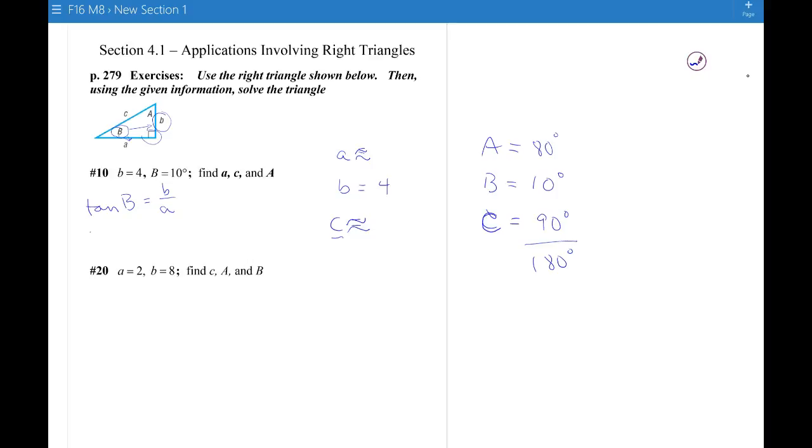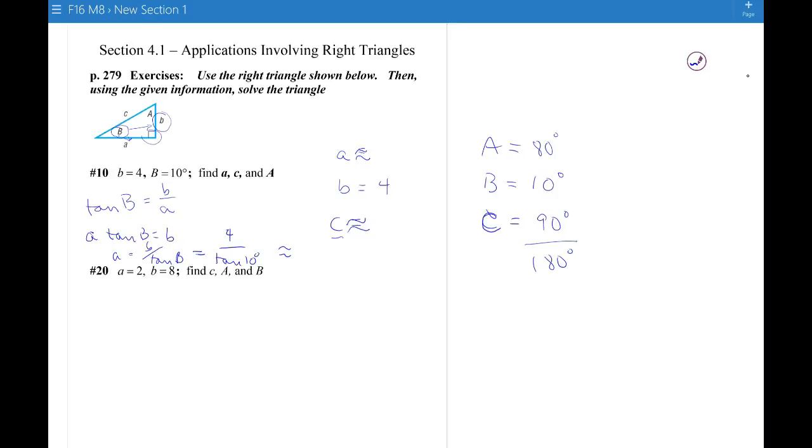Then I can plug in the numbers that I have, and what I'm trying to find is a. So a tan B equals little b, so a equals b over tan B. That's going to be 4 over the tangent of 10 degrees. And make sure you have your calculator in degree mode when you're doing these problems. So keep checking that. You're going to find the tangent of 10 degrees.